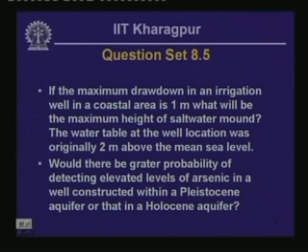The first question was, if the maximum drawdown in an irrigation well in a coastal area is 1 meter, what will be the maximum height of the saltwater mound? The water table at the well location was originally 2 meters above the mean sea level.